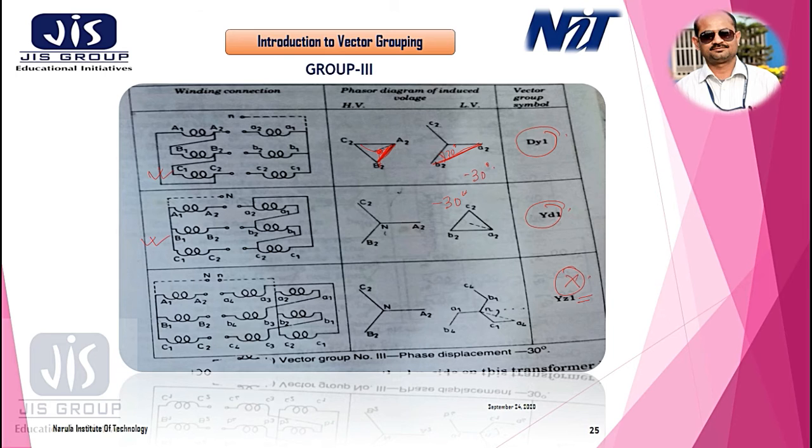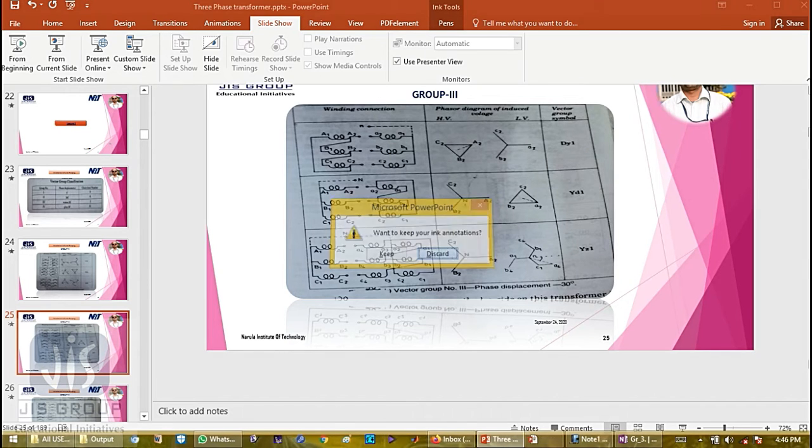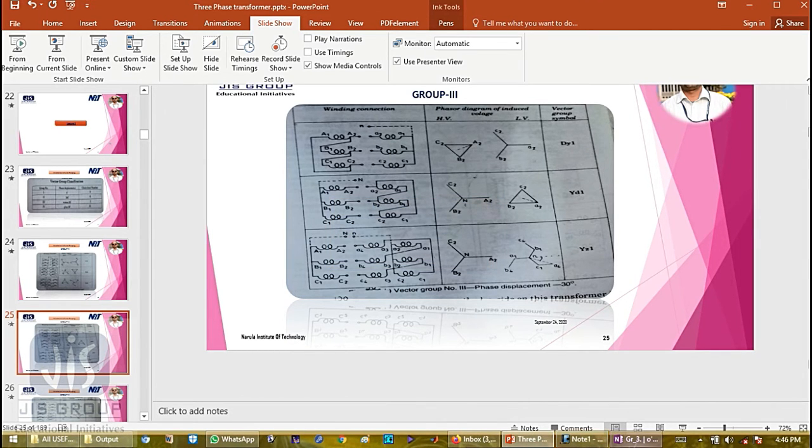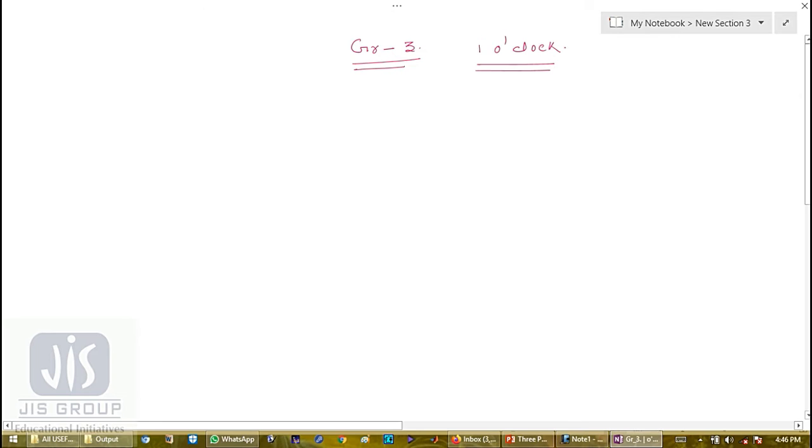Let me draw in detail. First let me draw Dy1, so primary in delta and secondary in star position.